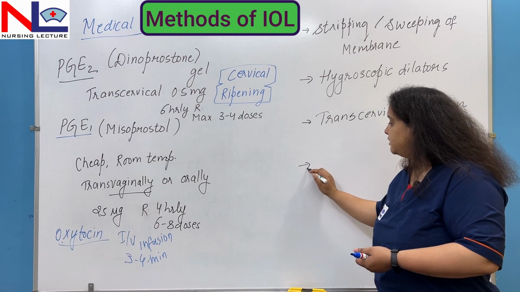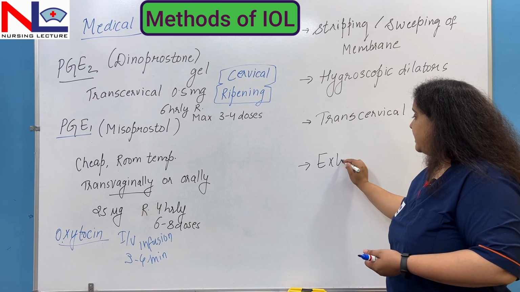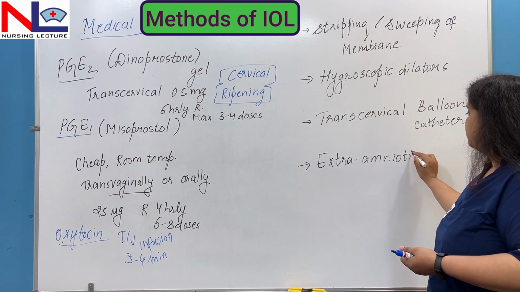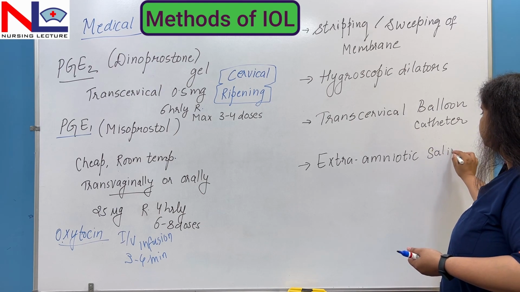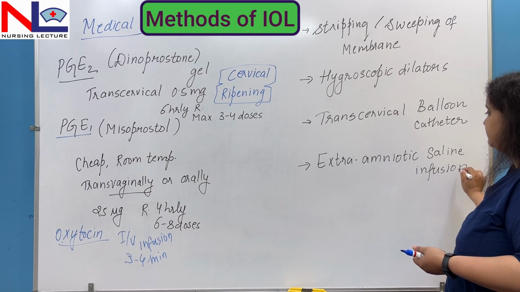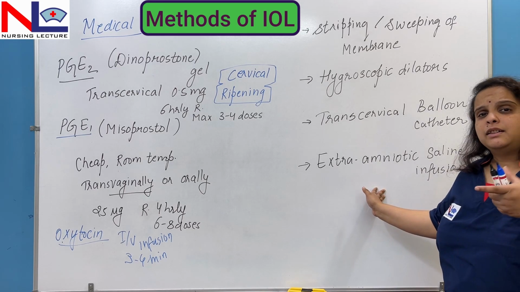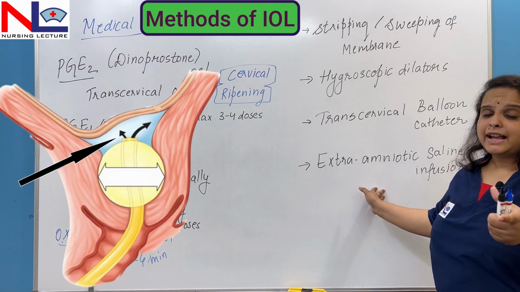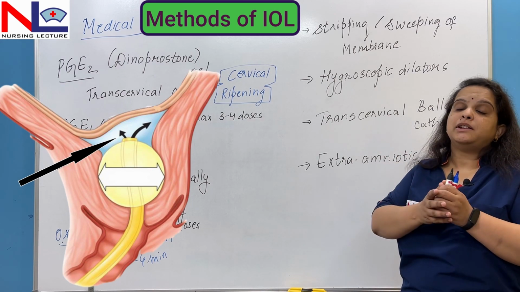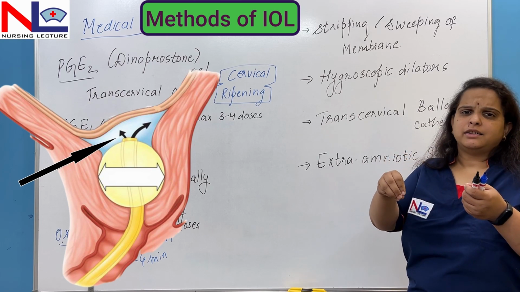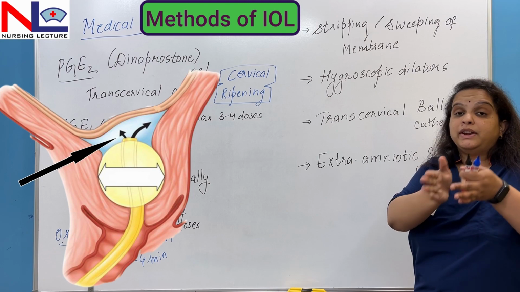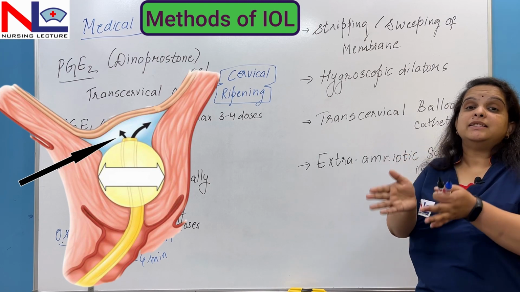In a similar manner, we can use extra-amniotic saline infusion. In this also we introduce a catheter into the cervical canal through the vagina, and we start the infusion, so that saline is placed in between the fetal membranes and the decidua.